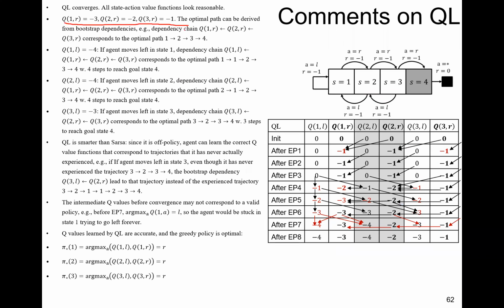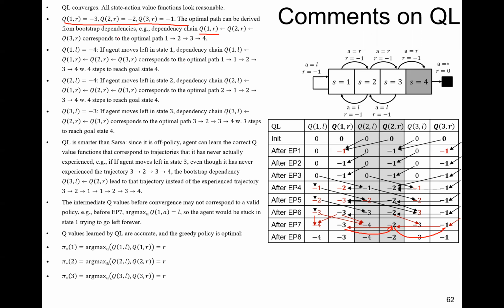The optimal path can be derived from the bootstrap dependency chain: Q1 right bootstraps off Q2 right, and Q2 right bootstraps off Q3 right. This dependency is the reverse of the arrow direction. So this is actually the shortest path, the optimal path.